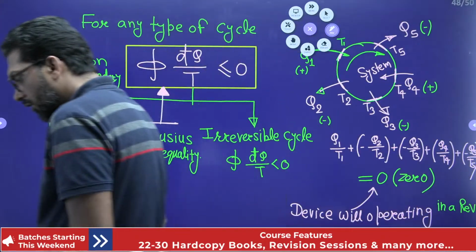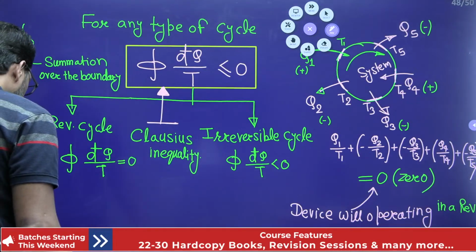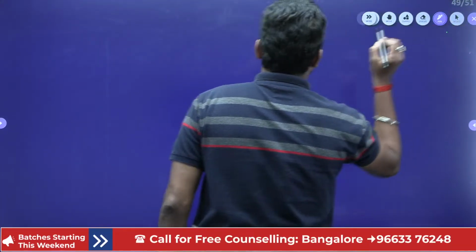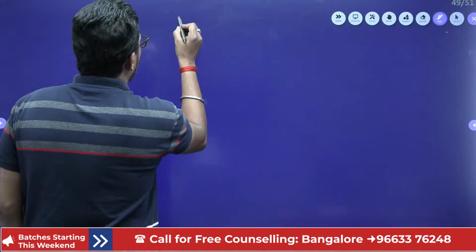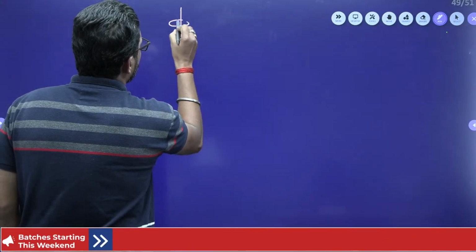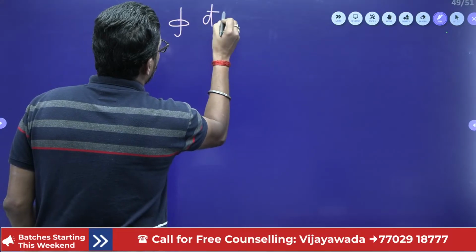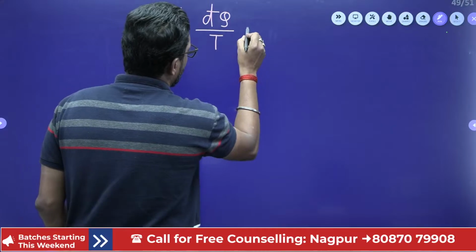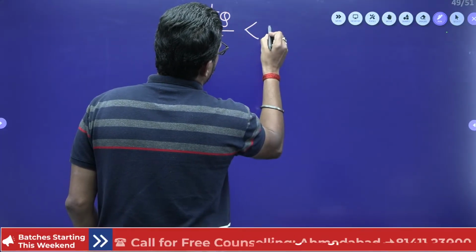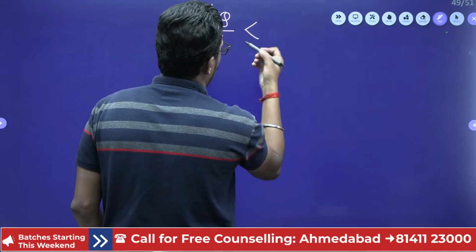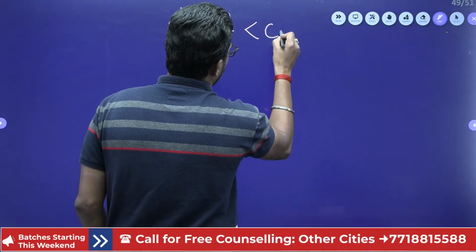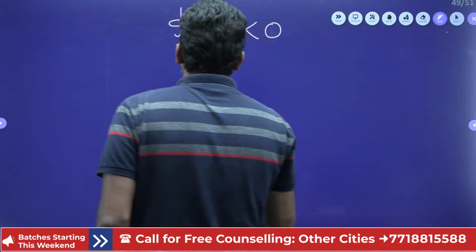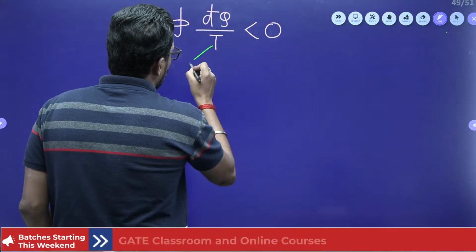Now, what is that? The cyclic integration of dQ by T is less than 0. Equal to 0, there is no problem. This is called the inequality.